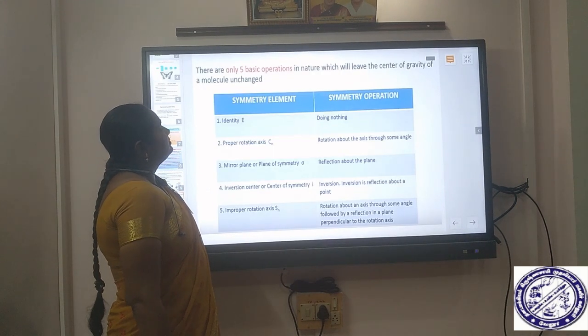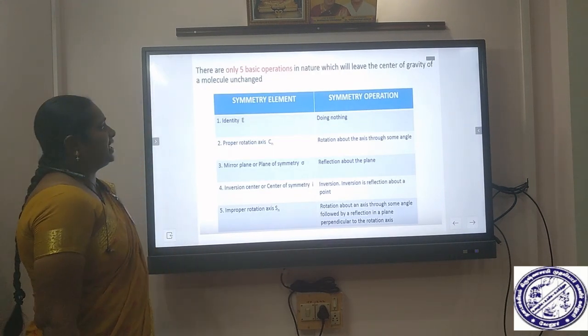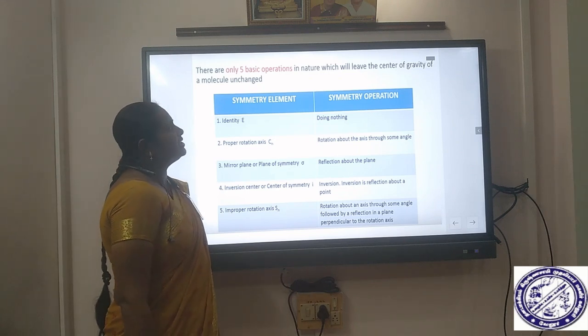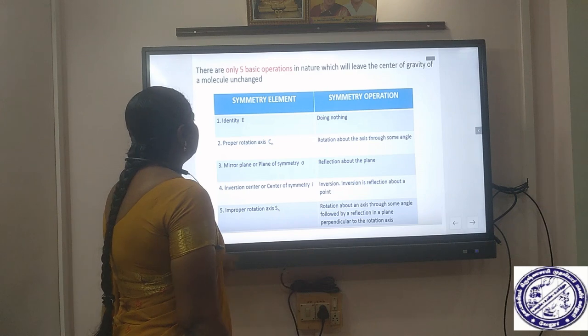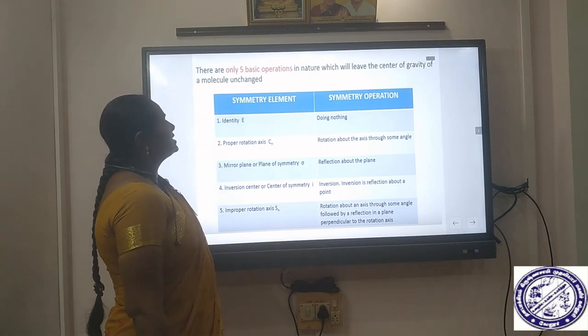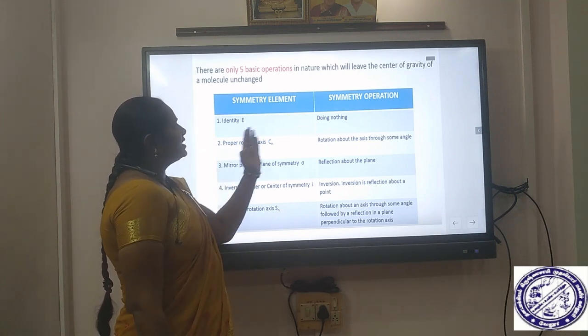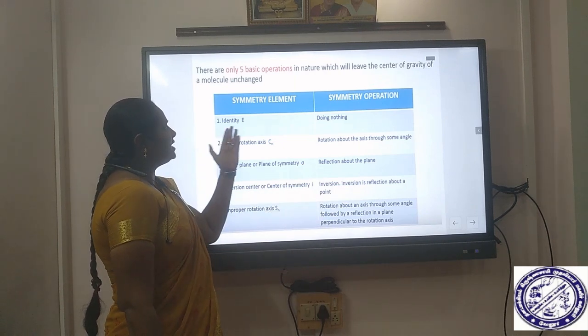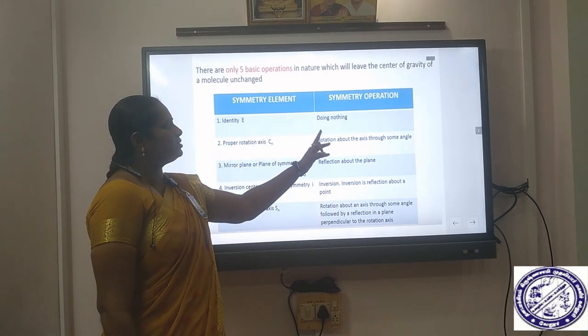Based on the symmetry operation, the 5 basic operations which leave the center of gravity unchanged are given here, taken as symmetry elements, and their respective operations are given in a table. E is identity. Identity means the operation is doing nothing.